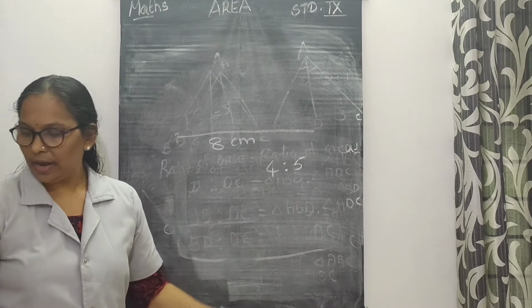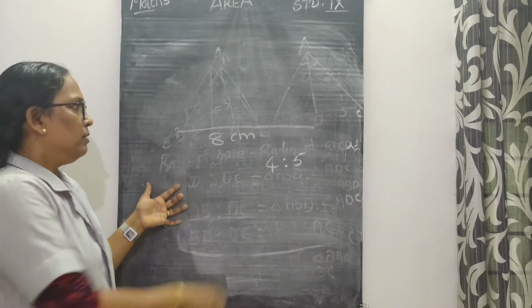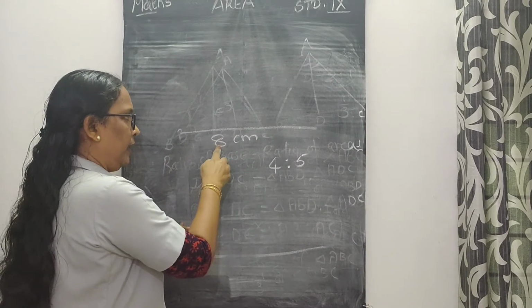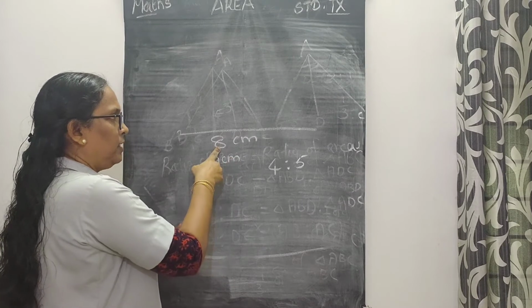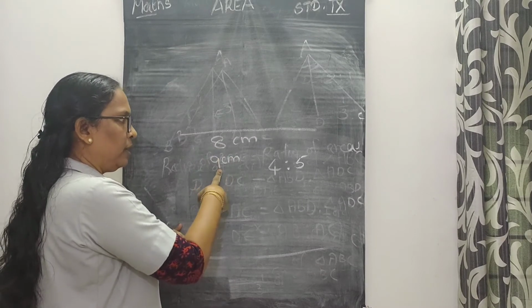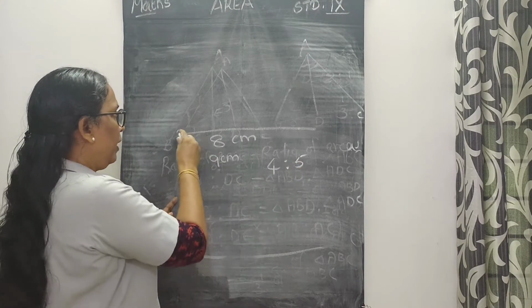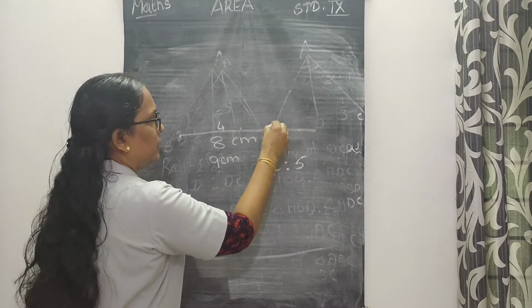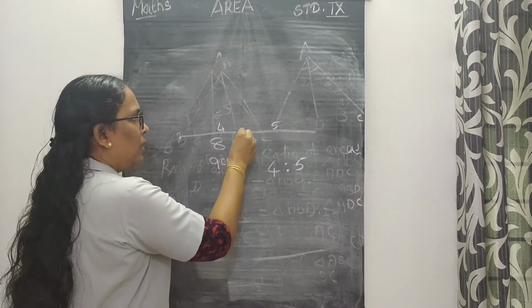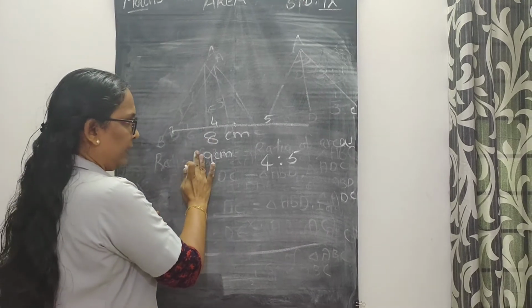How do we divide this line in the ratio 4:5? See here, if it is 9 centimeter instead of 8, then it is very easy to divide it in the ratio 4:5. How? We can measure the length of 4 centimeter and here it is 5 centimeter. So now the total length is 9 centimeter. But here the length is 8 centimeter.